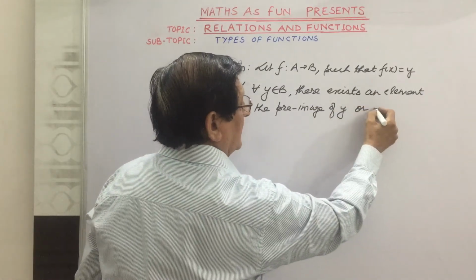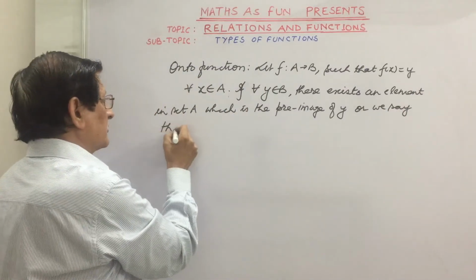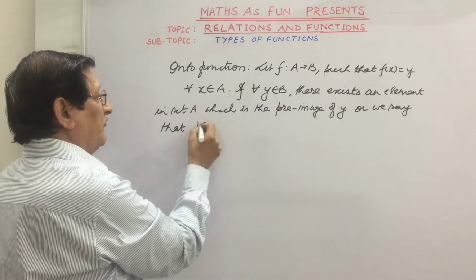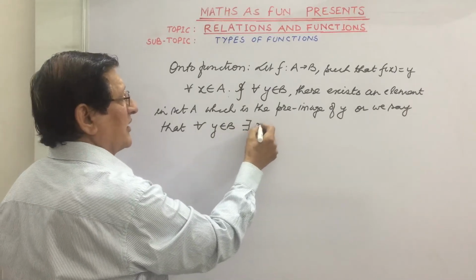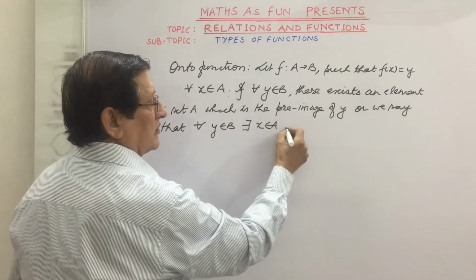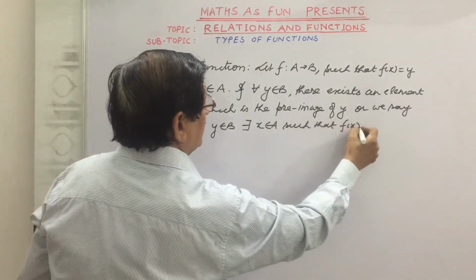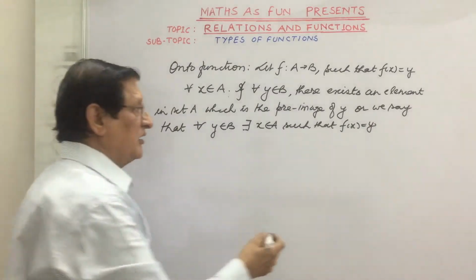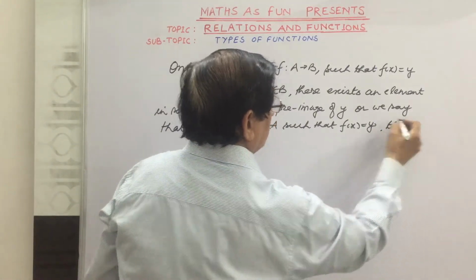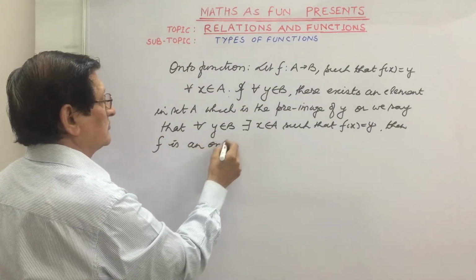Or we say that for every y belonging to B, there exists an x in A such that f(x) is equal to y. Then f is an onto function.